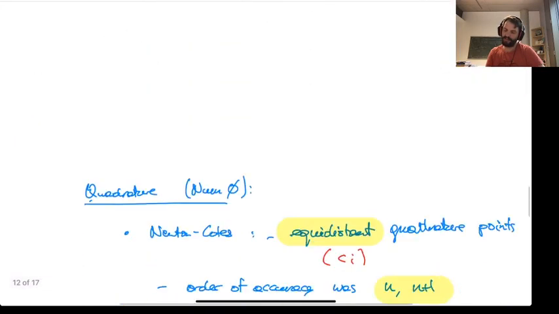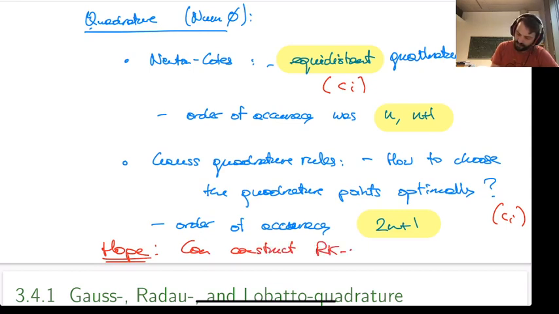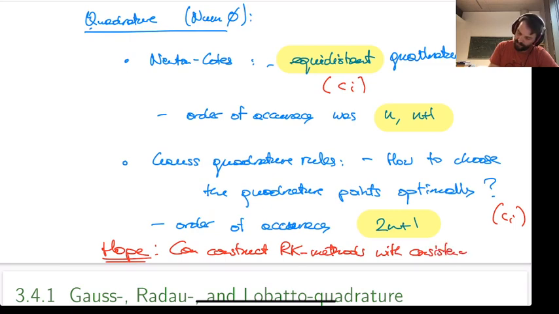And so the hope would be that we can construct Runge-Kutta methods of consistency order 2s.